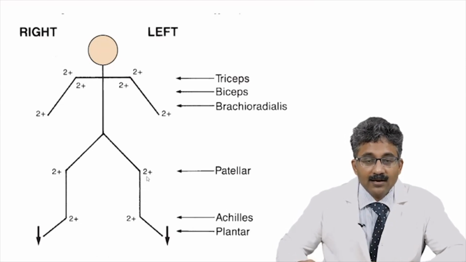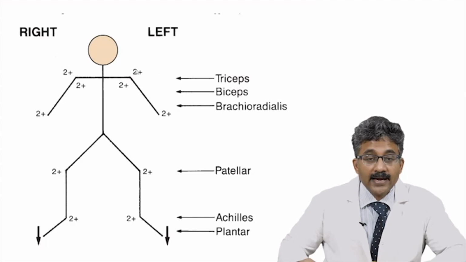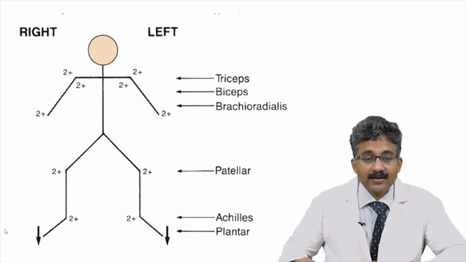Here it is patellar, Achilles, that is ankle reflex, then plantar. With a flexor you can show an arrow diagram like this, down. If it is extensor you can show it up. Okay. So triceps, biceps, brachioradialis, patellar, Achilles and a plantar reflex. Okay. Now we will go with the examination of the reflexes.